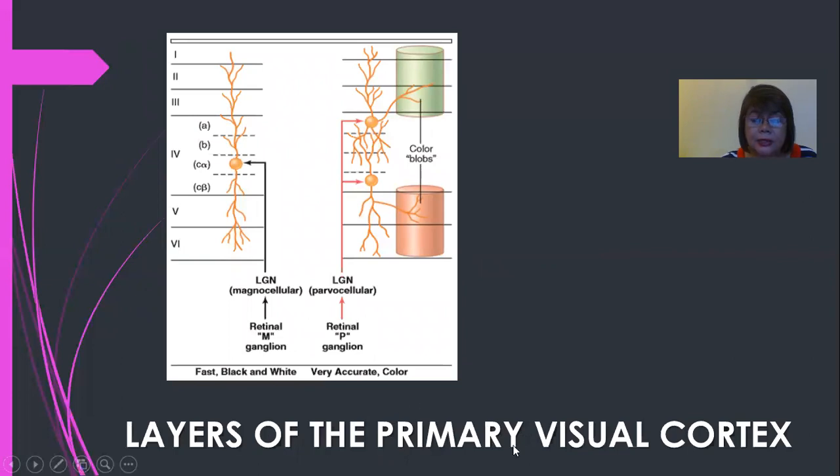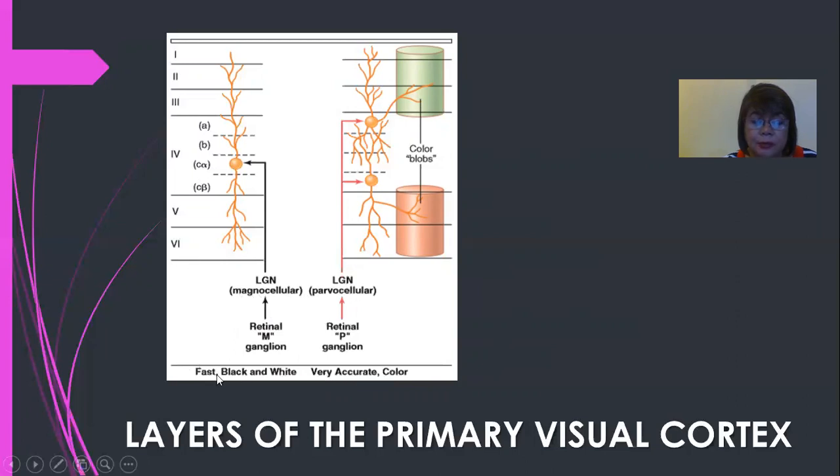The layers of the primary visual cortex are such. You have the retinal M ganglion cells, which are magnocellular cells. They land on layer 4C alpha.